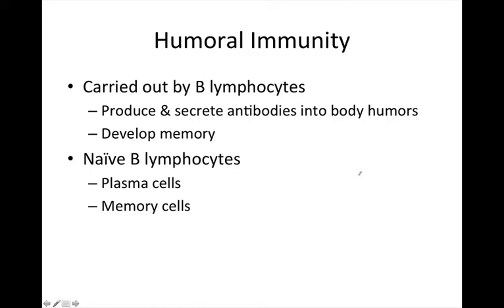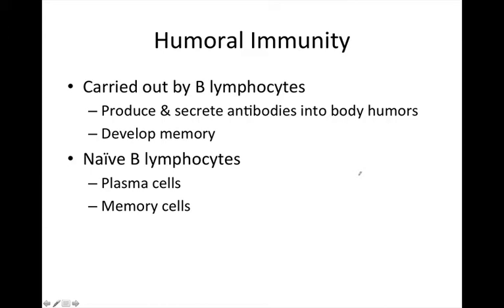Now, humoral immunity is a process that is carried out by B lymphocytes or B cells. Again, I'm just going to be referring to these as B cells as I go throughout this presentation.